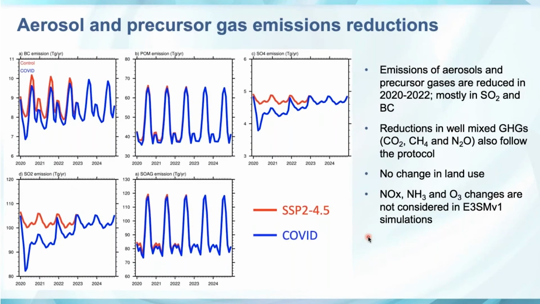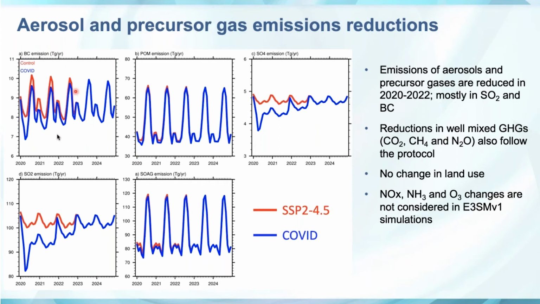This slide shows how the aerosols and precursor gases emissions are reduced in the COVID simulation. The red curve shows the baseline SSP2-4.5, and the blue line shows the COVID reduction by species.